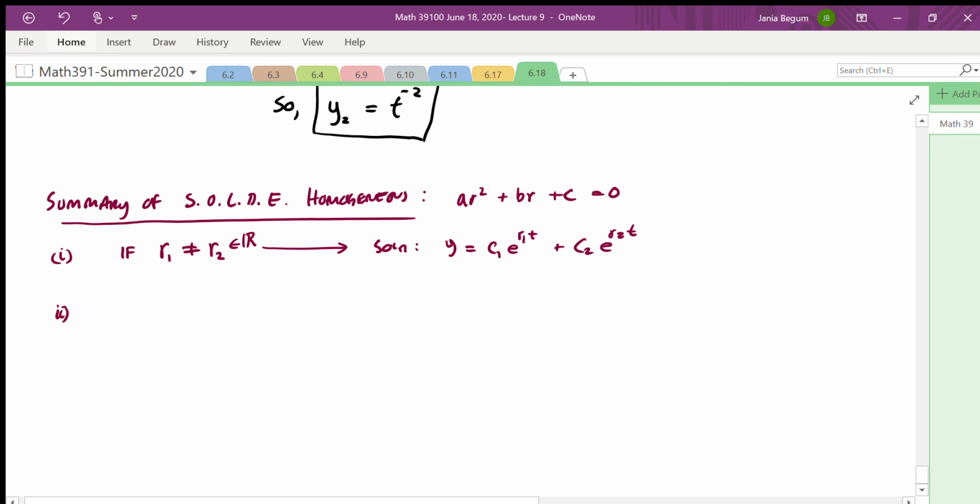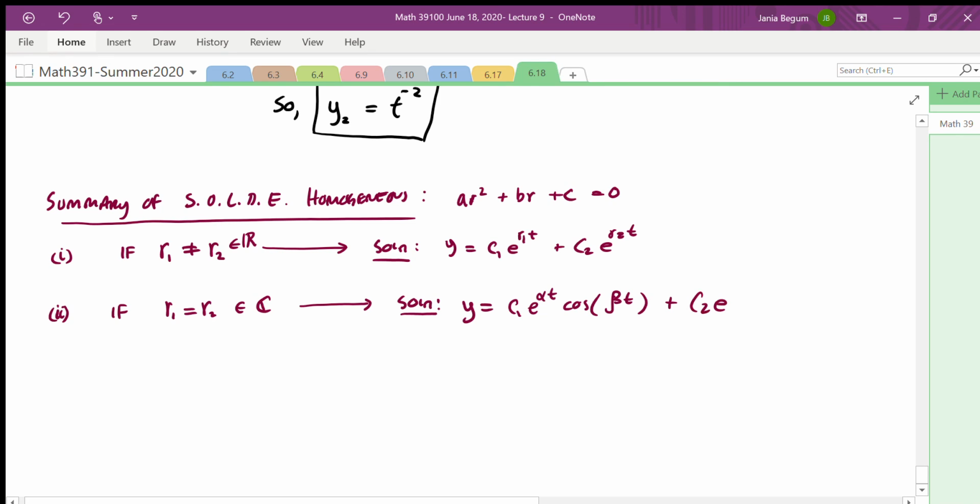The second case was 3.3. If r1 and r2 are complex, so they're complex conjugates, that means our solution will look like y equals, and I like to write it this way, C1 e to the alpha t cosine beta t plus C2 e to the alpha t sine beta t.